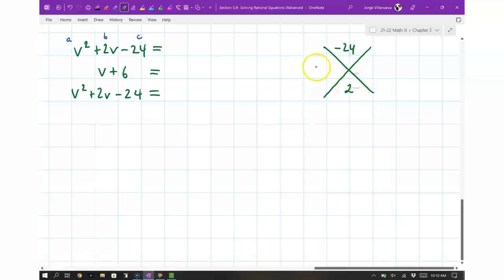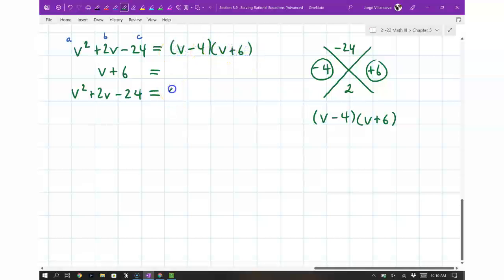What do I get? All right, so negative 4, positive 6, perfect. So that's going to be v minus 4, v plus 6. So let me put that right here. V minus 4, v plus 6. On the bottom, v minus 4, v plus 6. And in the middle, v plus 6.